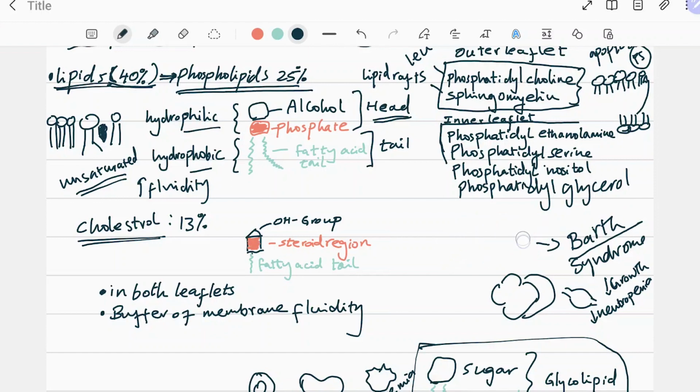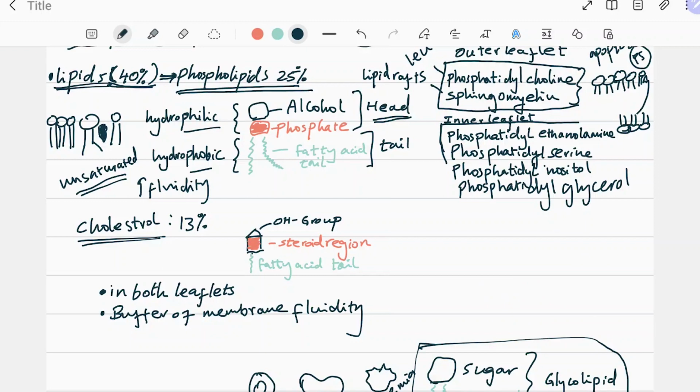Another thing about your cardiolipin, also known as phosphatidylglycerol, is there's a condition called lupus, an autoimmune condition, where you get anti-phospholipid antibodies against this, or anti-cardiolipin antibodies. People who have this condition are not able to carry a pregnancy to the end. Usually they go into abortion. They lose the baby very fast.